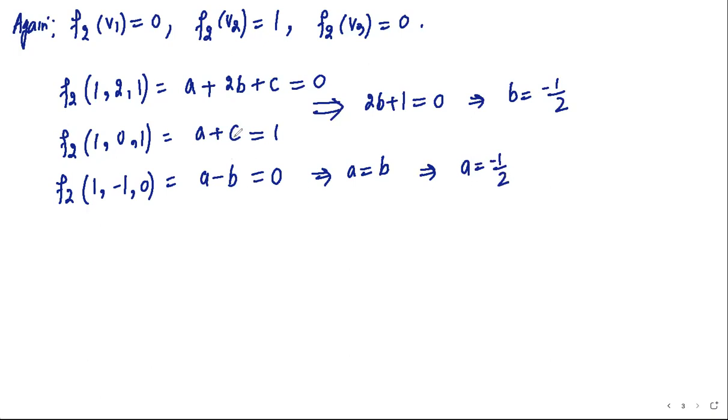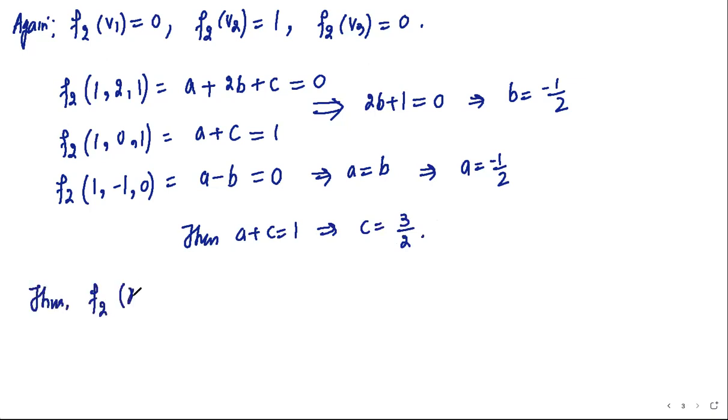Now the only thing that we require is the value of c, which can be obtained from this equation. So a plus c is equal to 1 implies c is equal to 1 plus 1 by 2, that is 3 by 2.